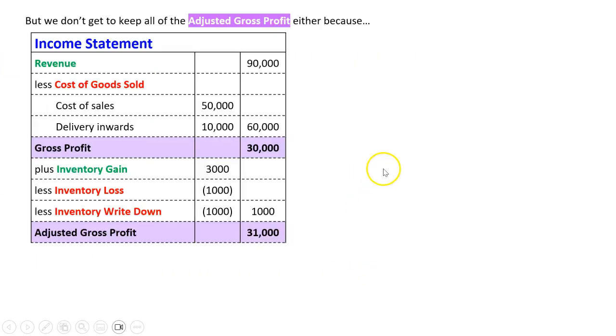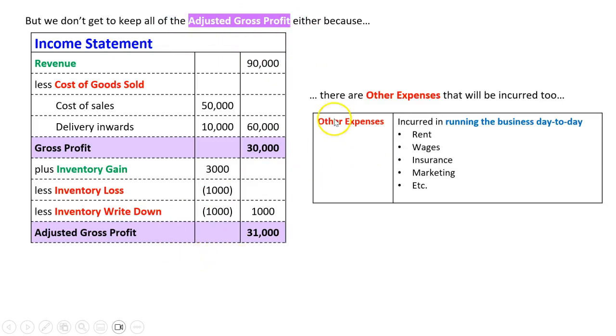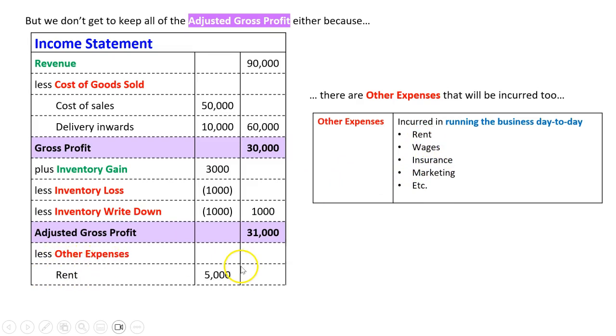But again, unfortunately for the business, we don't get to keep all of the adjusted gross profit either because we've got to take out some other expenses, and we call these literally other expenses. These will be incurred in running the business day to day. So we had some expenses up here in cost of goods sold, but we're saying there's other things like rent, wages, insurance, marketing, and a million other things. And what we'll do is we'll put them under other expenses. So in this case, we've got rent and wages.